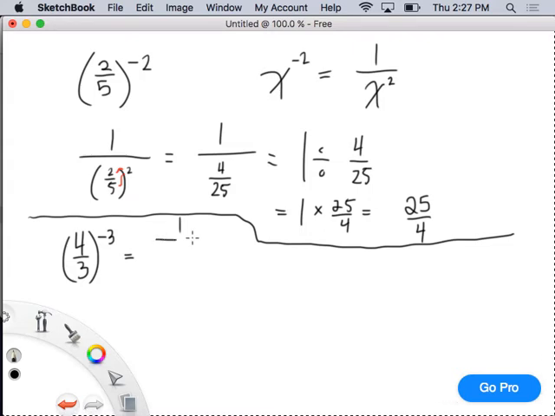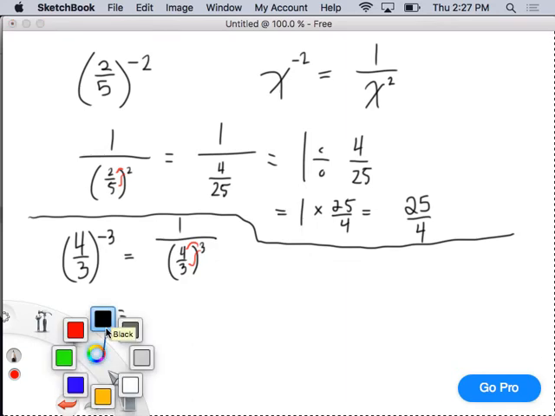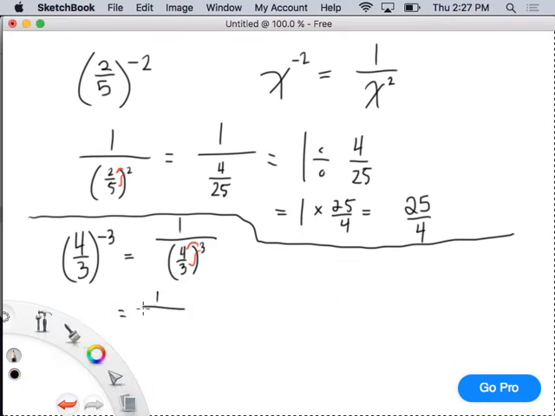First thing I do is I bring it to the bottom. 1 over 4/3 to the third power. I then take that exponent and apply it to the numerator and the denominator. I get 1 over 4 to the third power over 3 to the third power. 4 to the third power is what? 4, 16, 64 over 3 to the third power, 3, 9, 27.